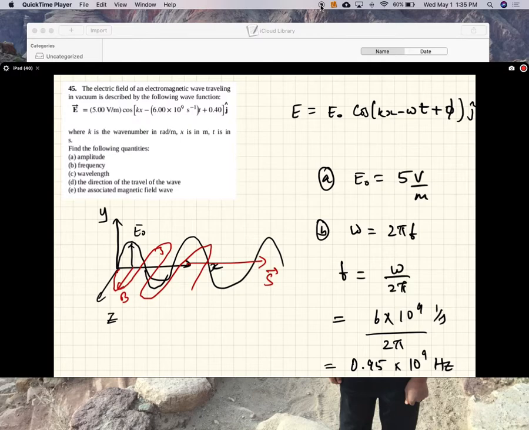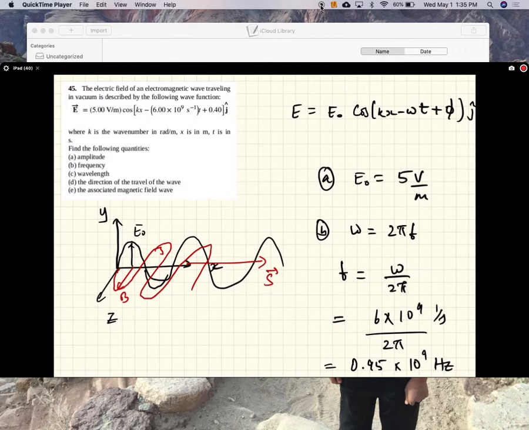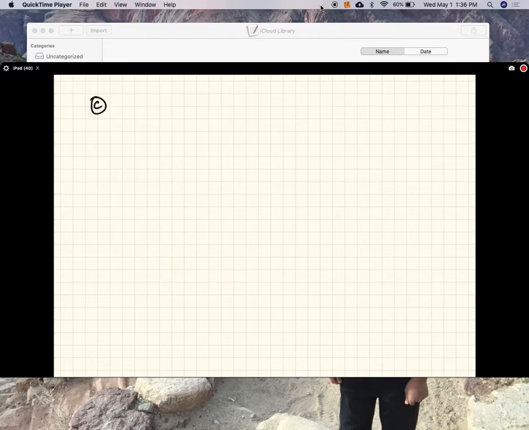C, the wavelength. This is an electromagnetic wave traveling in vacuum. What is the speed of electromagnetic waves in vacuum? c. c is f times lambda, so the wavelength is c over f.